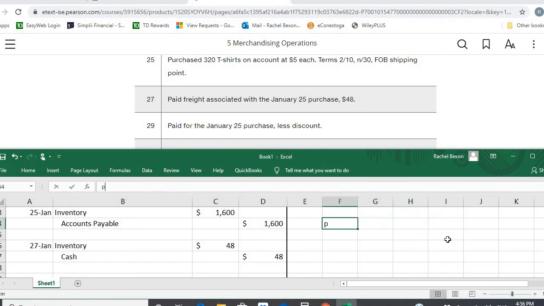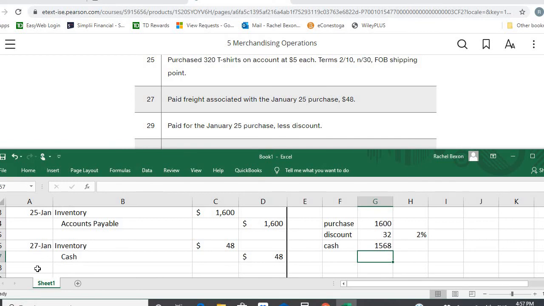So if our original purchase was $1,600 and the amount of the discount is 2%, we can calculate the dollar value by taking 1,600 times 0.02. So we get a $32 discount on this transaction by paying early, and the amount we're going to pay then is the difference between the original price minus the discount.